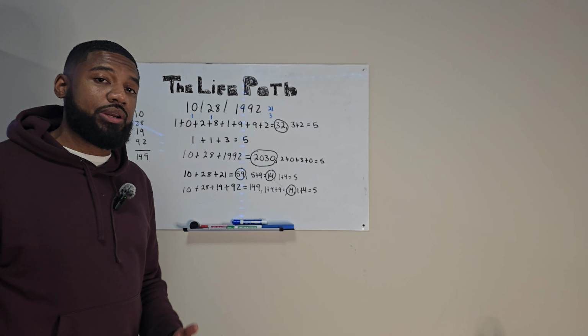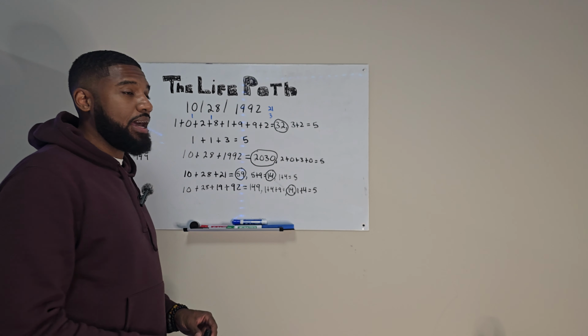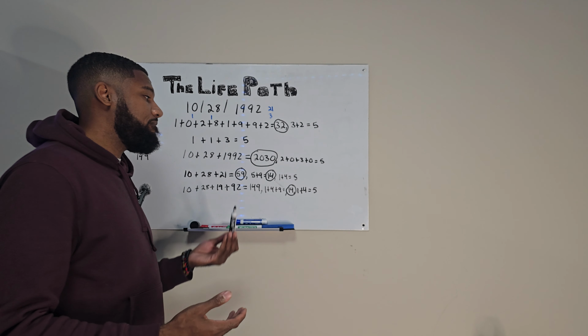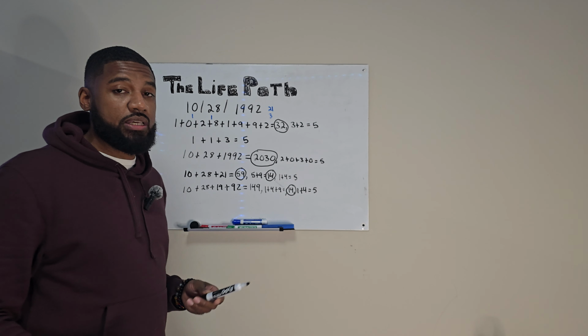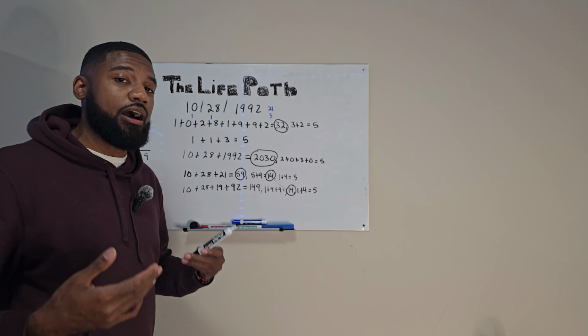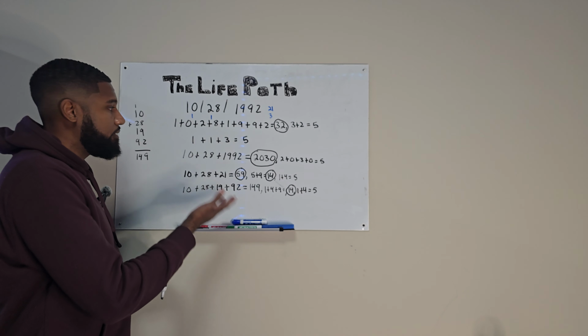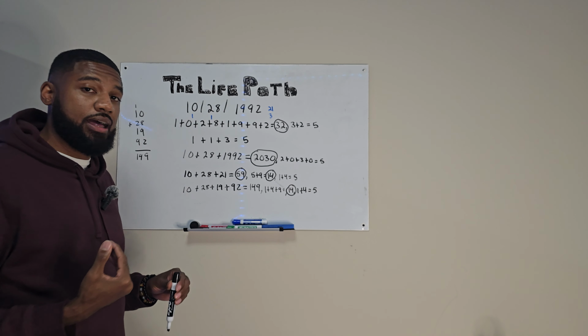And again, karmic debt is not the worst thing. It just means there are times you have to be very mindful, for the number 14, of not abusing your freedom. So these are the ways that I calculate the life path.